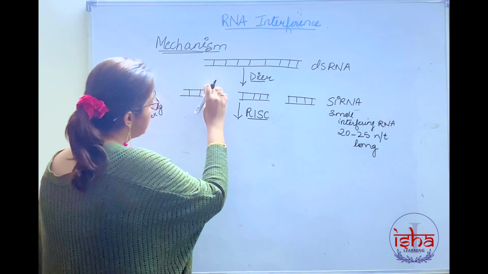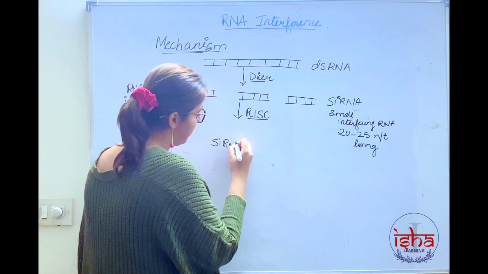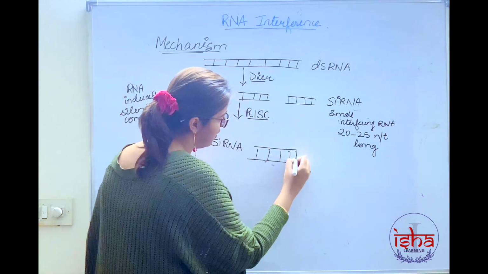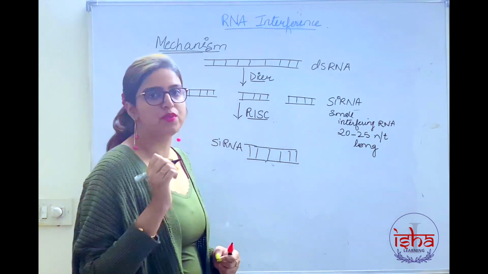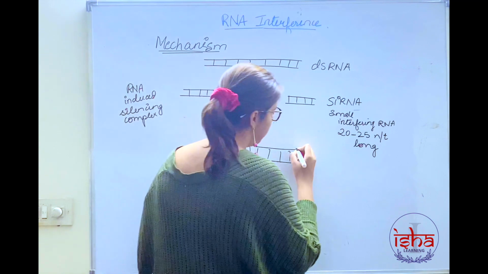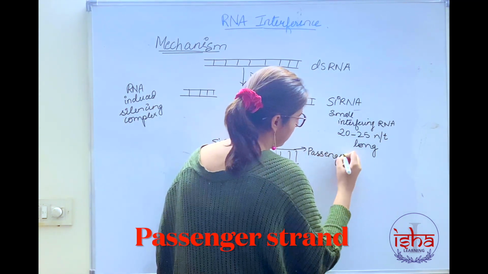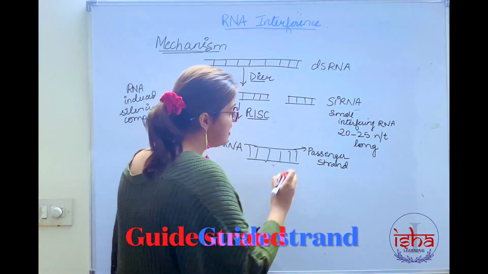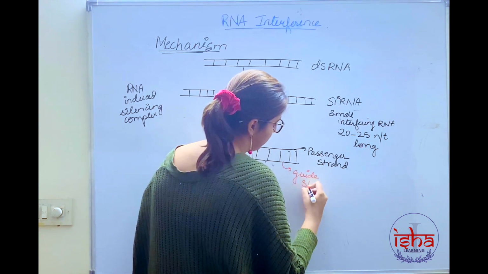In my siRNA, guys, there are two strands. Both these strands have specific names. The first strand is called the passenger strand and the second strand is called the guide strand.